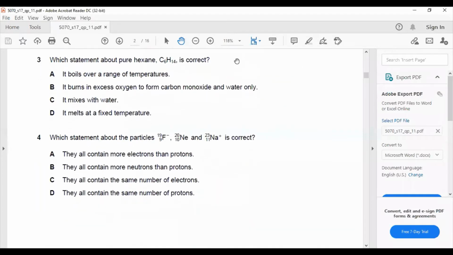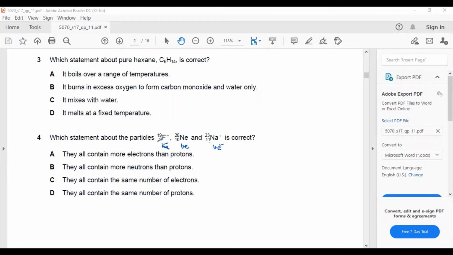4. So what's common about all these things? Because minus means 10 electrons. This one, 10 electrons. So first we find the number of electrons. 11 plus means 10 electrons. They all contain more electrons than protons?